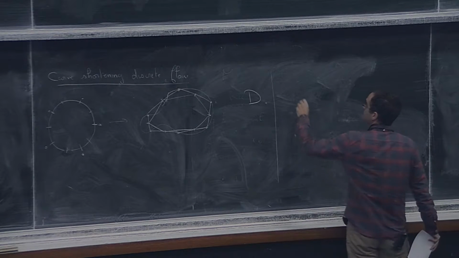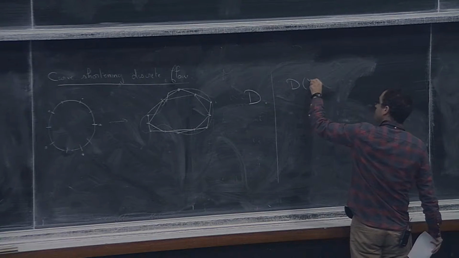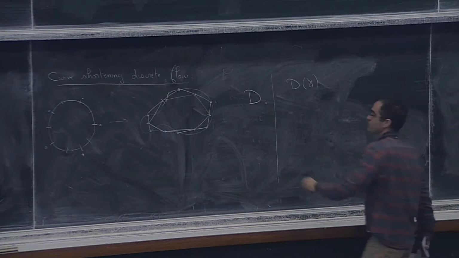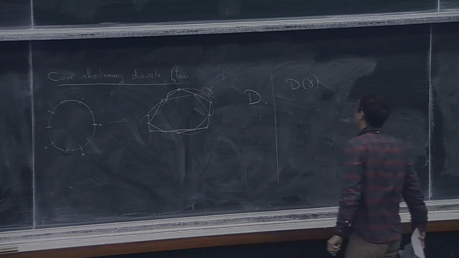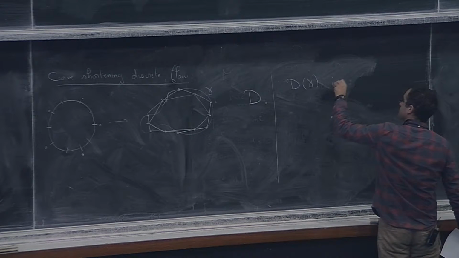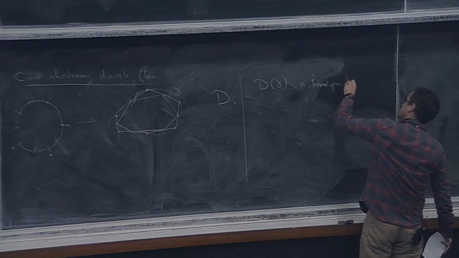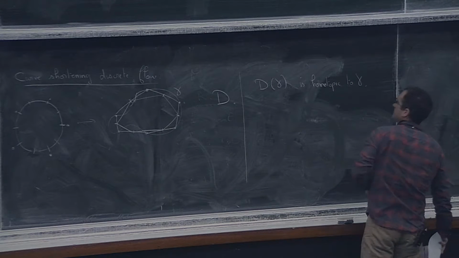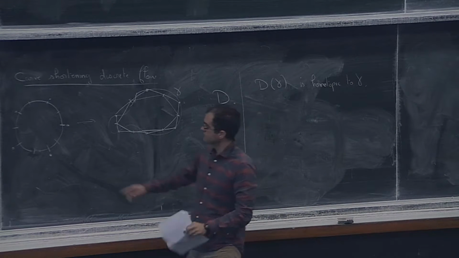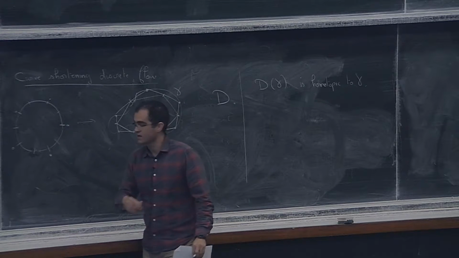So what is the interest of this? First, D of gamma, if gamma is this curve, is homotopic to gamma. And this is true if you choose the number of points there sufficiently large.